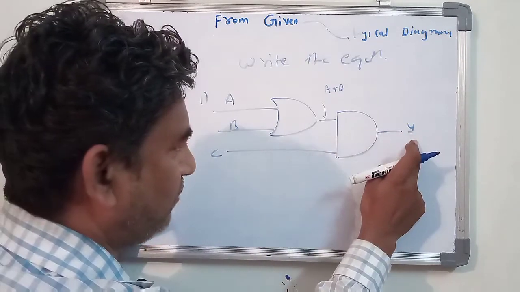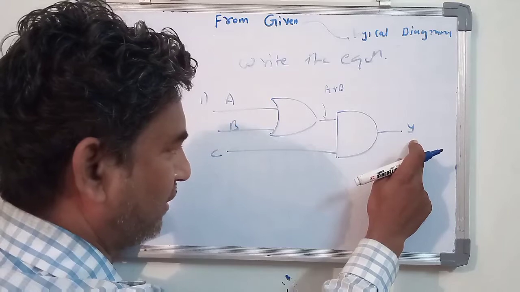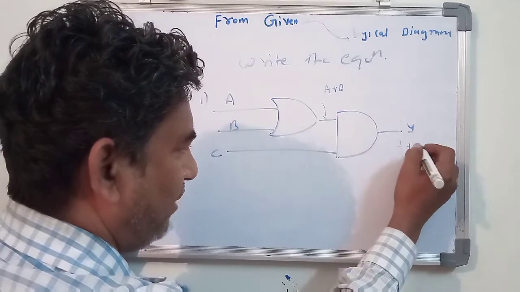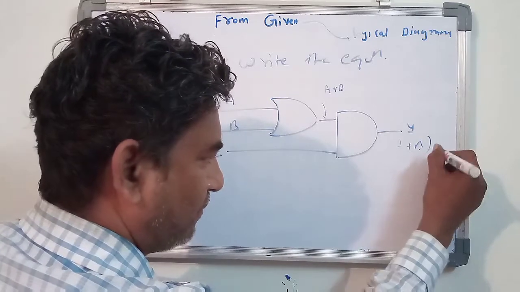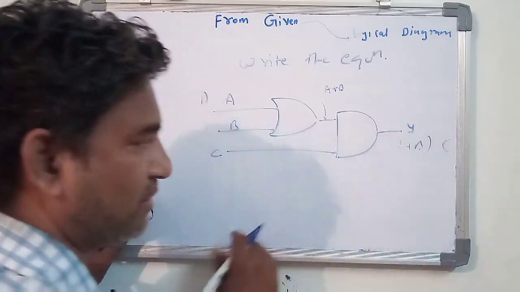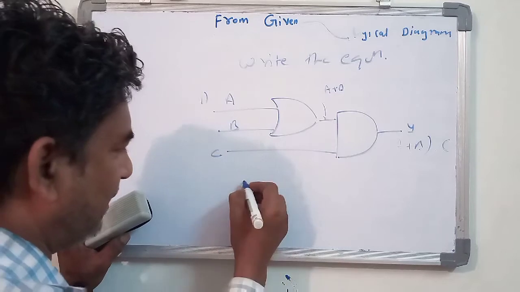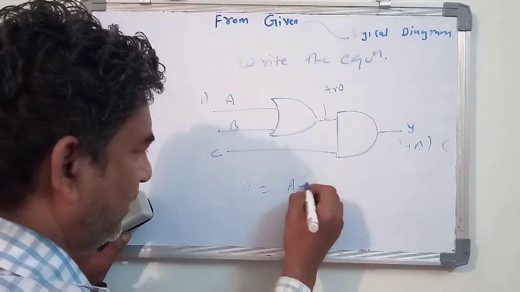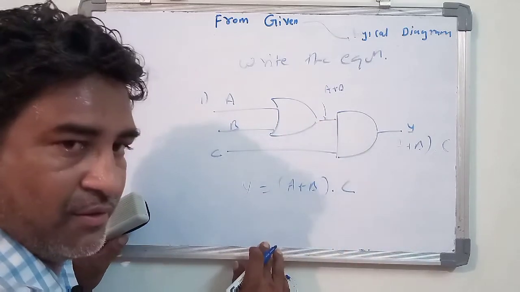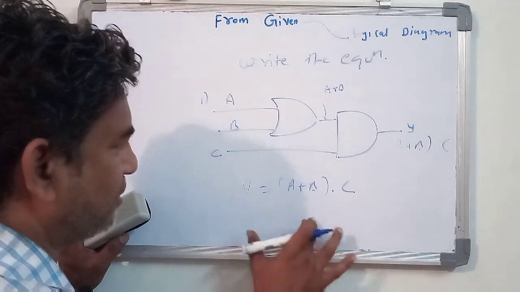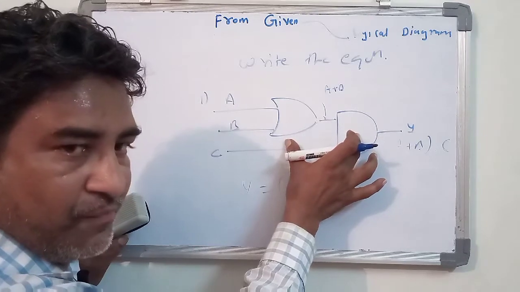So at the output of this one, you will get A plus B, in bracket, dot C. So this is the equation. Then at the end you may write down Y is equal to A plus B dot C. So this is the required equation of the logical diagram.